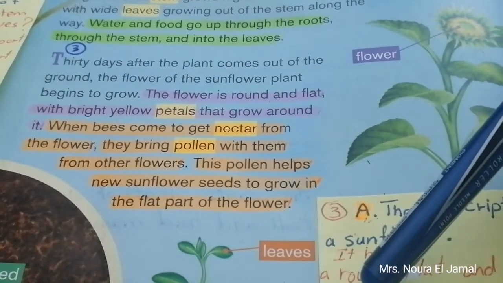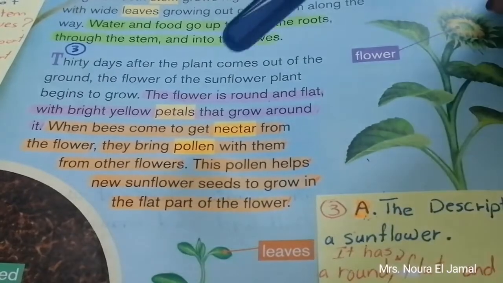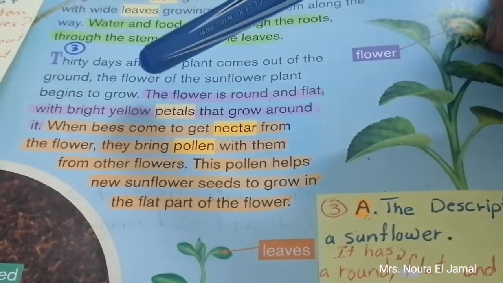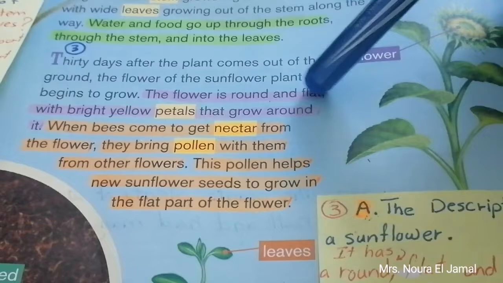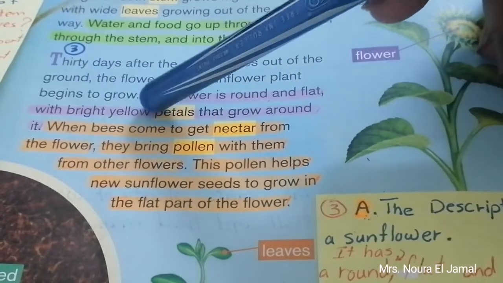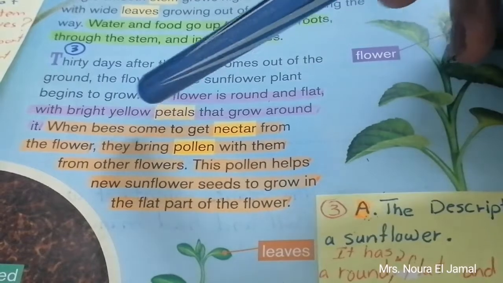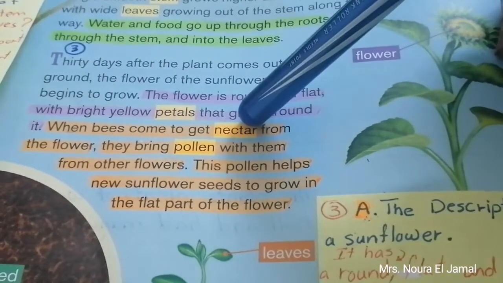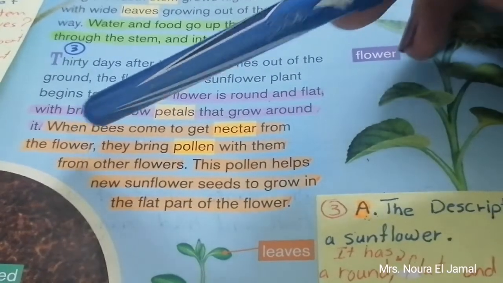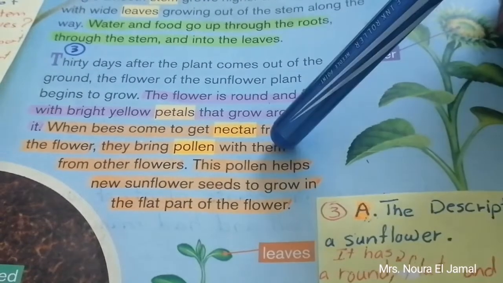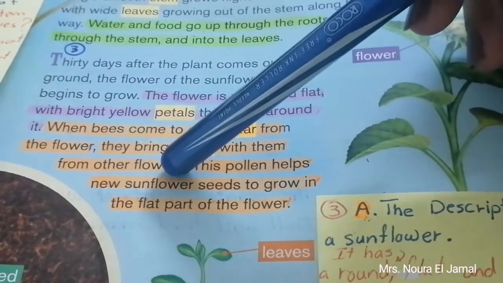Okay, then let's continue the paragraph. The flower is round and flat with bright yellow petals that grow around it. When bees come to get nectar from the flower, they bring pollen with them from other flowers.